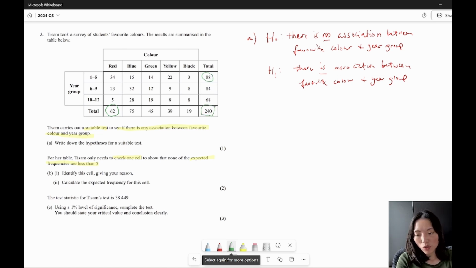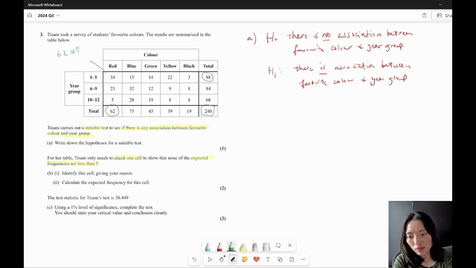For example, for the expected frequency of year group 1 to 5 students who like the color red, I multiply 62 by 88 and divide by 240. Using my calculator, I get an expected frequency of 22.7.